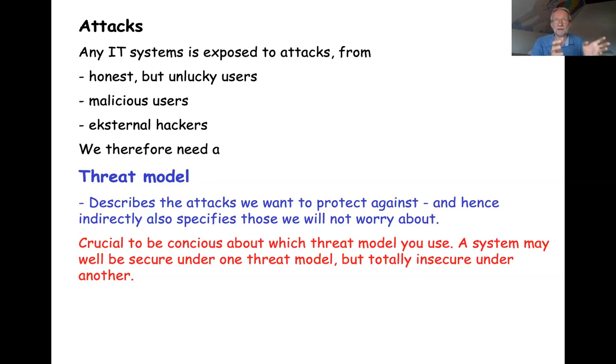But later on, as a system lives several years maybe, and the world around it evolves, maybe that attack becomes relevant, becomes a real threat. Then it better be the case that somebody remembers that now we have to do something. And of course, that's only possible if somebody actually explicitly stated the threat model at the time when the system started.